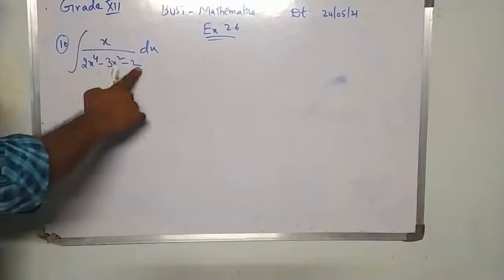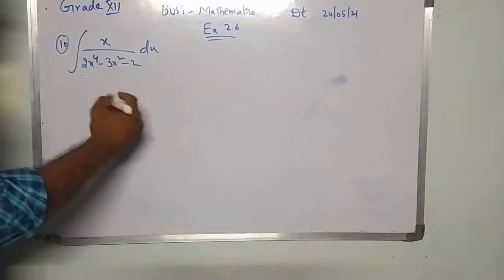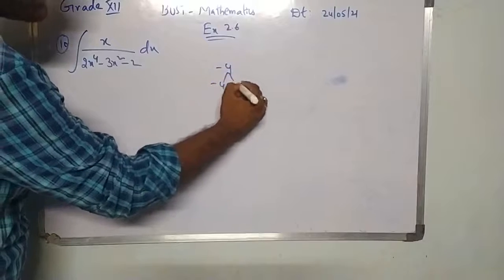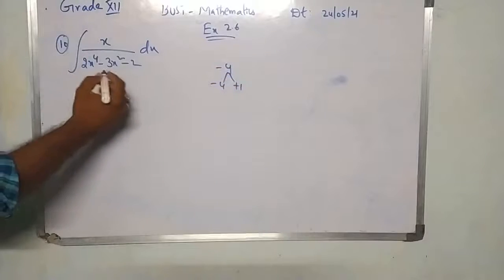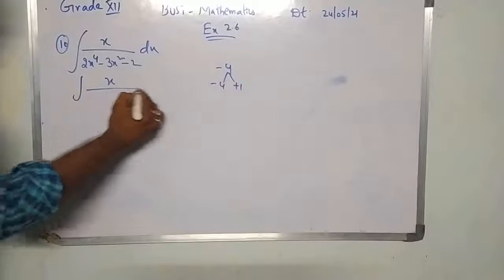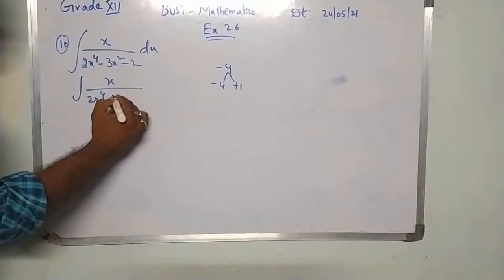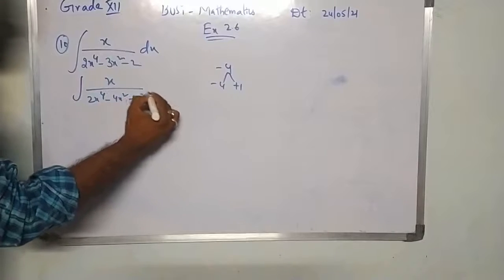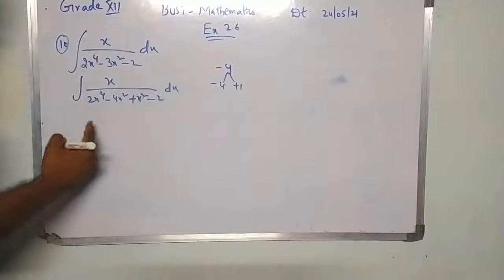So if you observe the denominator, we can split the factors. That is, minus 3 can be written as minus 4 plus 1. So let me write that: x by 2x power 4 minus 4x square plus x square minus 2 dx.